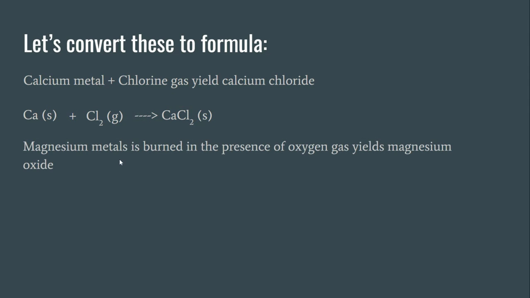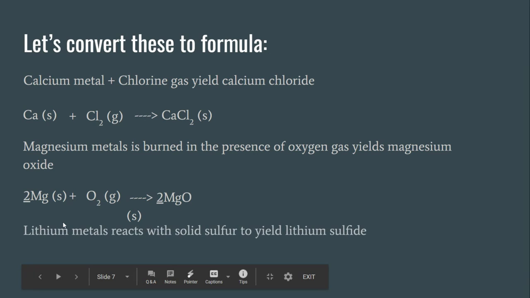Magnesium metal is burned in the presence of oxygen, giving you magnesium oxide. You have Mg plus O2 giving you MgO. In this case, you have two oxygens, so I need a 2 here to balance. When I put a 2 here, magnesium gets a 2, so I have to put a 2 here. Now it's all balanced.